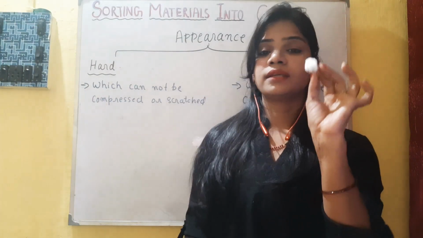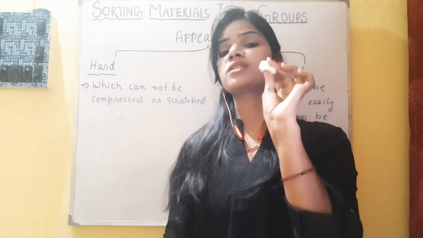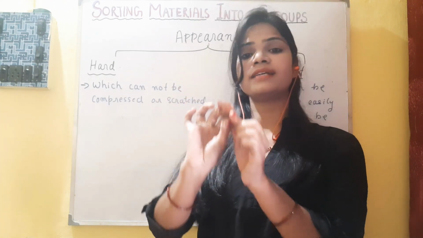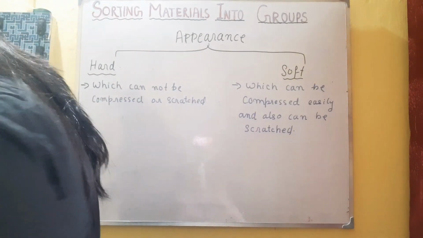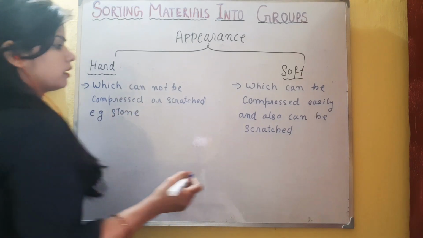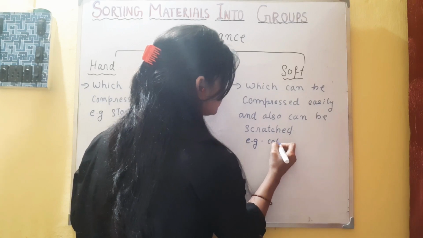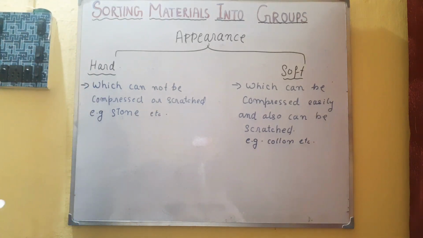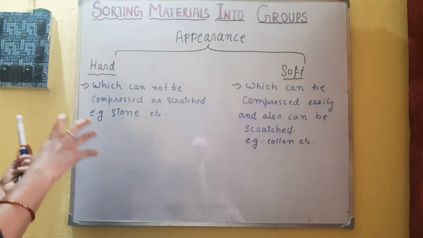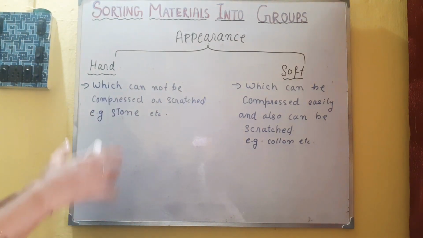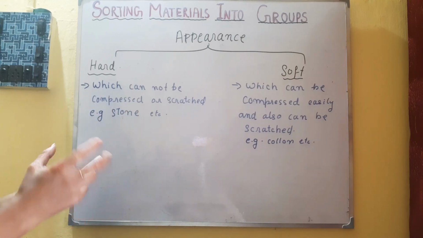So the material which can be easily compressed is called soft, and the materials which cannot be compressed are called hard. Example of hard: stone. Example of soft: cotton. All materials which cannot be compressed or scratched are called hard, and all materials which can easily be compressed and scratched are called soft materials.